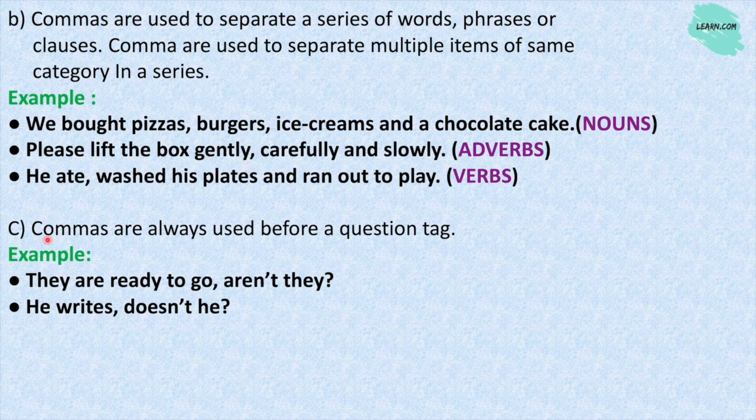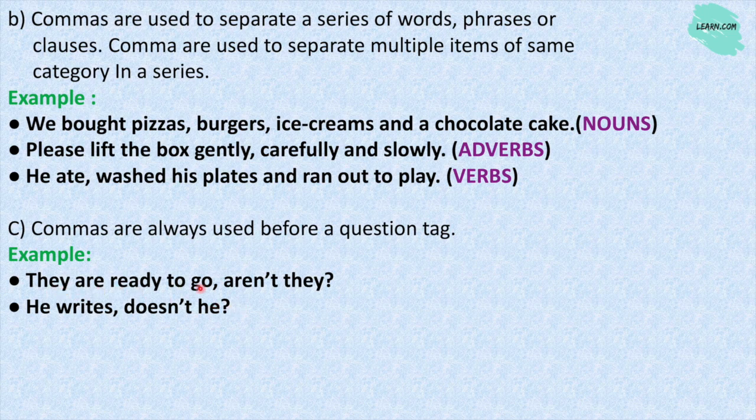Third case where we are using comma, it's a very common case. We are using comma while writing question tags. So whenever we are supposed to form a question tag, a comma is always used after the sentence and before the tag. Like in the example, you can see the sentence is they are ready to go.